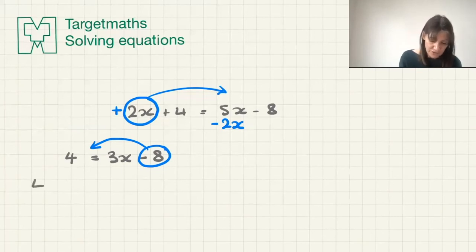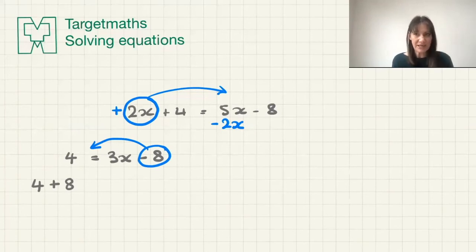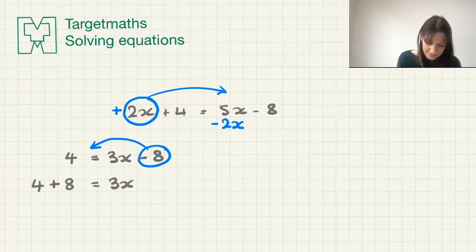So 4 is already there, and then +8 lands. And it's really important that that 4, which is already there at the beginning, stays at the beginning. Because if you go in and land a negative, you've got to get it the right way around or it could go wrong. And then I've got my 3x left.